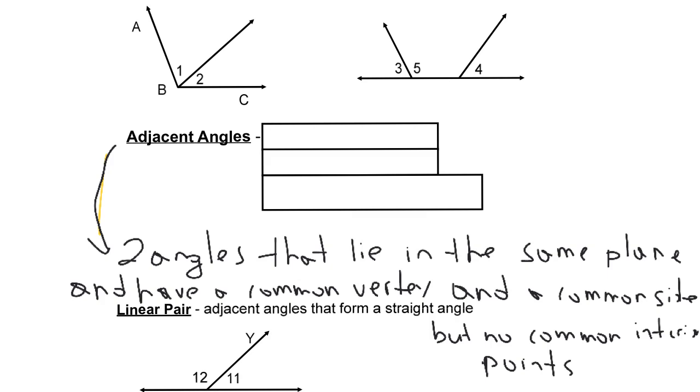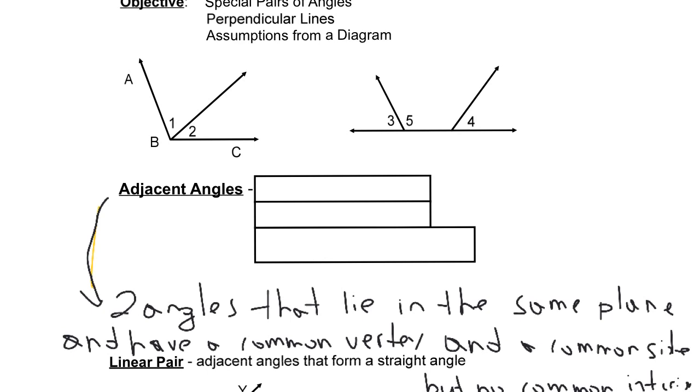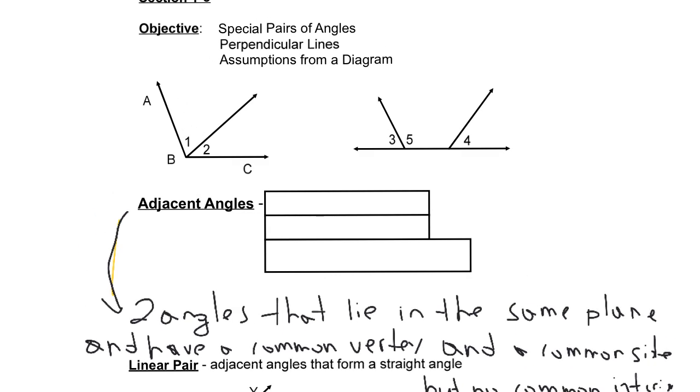Okay, so let's take a look at the example above so you can understand what it means. Adjacent angles in case number 1 would be angle 1 and angle 2. They are adjacent angles because they share a common side and no common interior points.